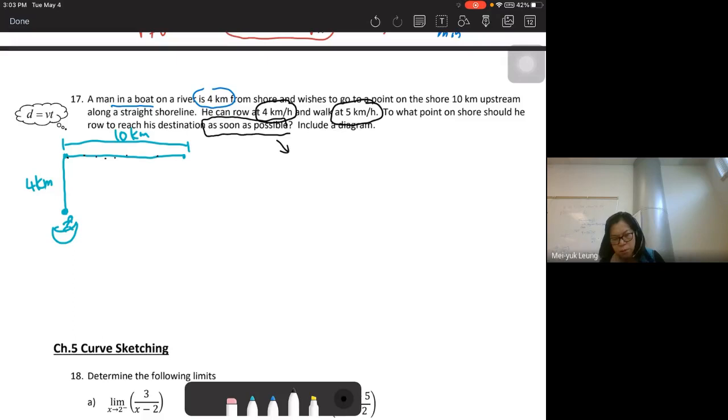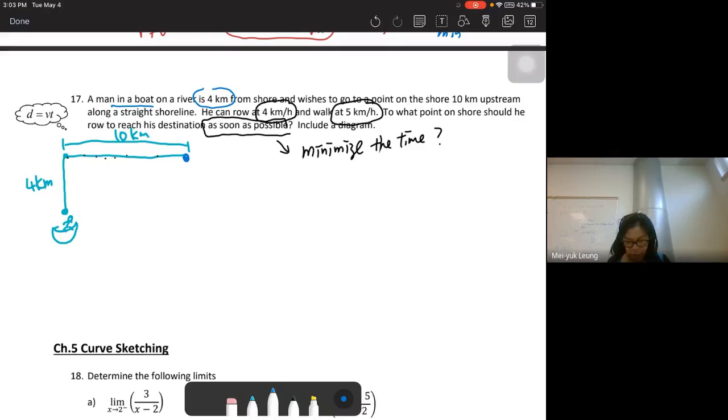As soon as possible means the shortest time. You want to minimize the time, finding the absolute minimum time, to get to the destination here.